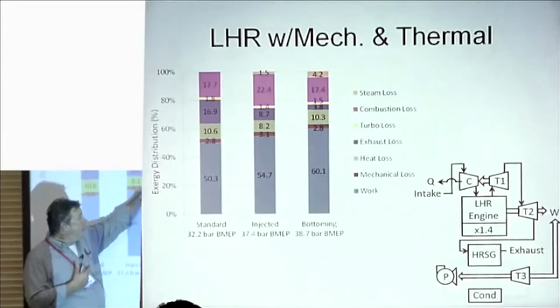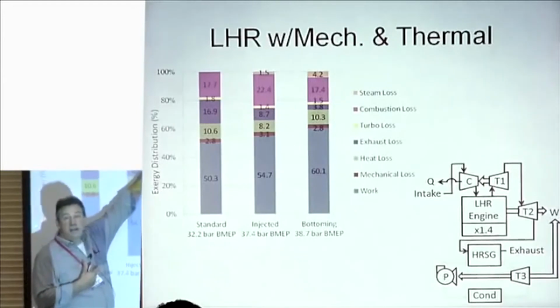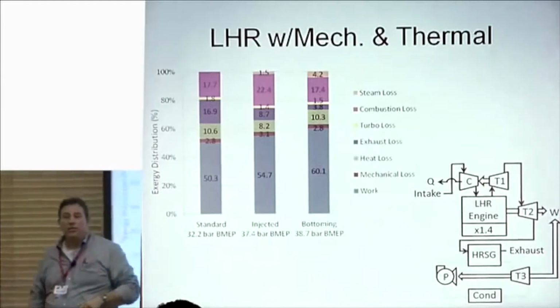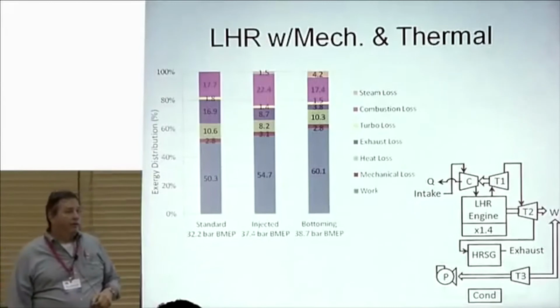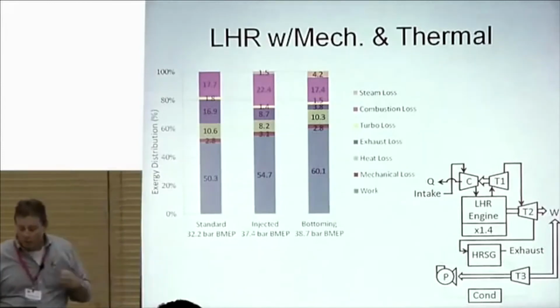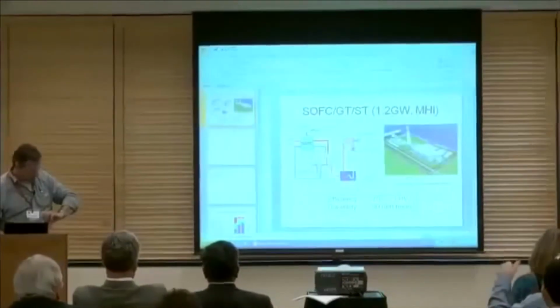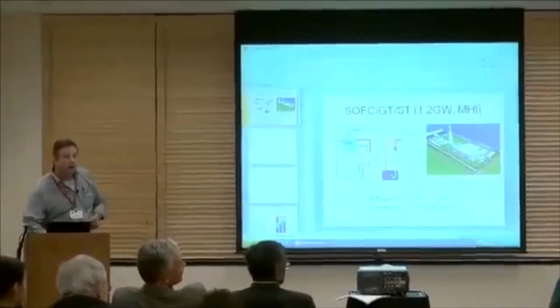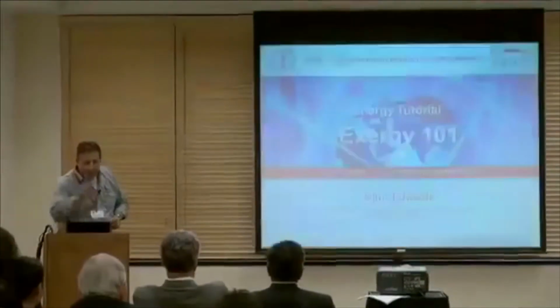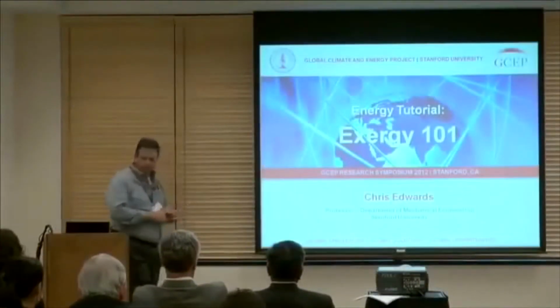I could do a little bit more here. It's the combustion side. So that's all I wanted to say about LHRs. Let's look at the SOFC, because that might finish off the story. Let me do the SOFC, and then I'll talk about the... Ooh, that's a mistake.